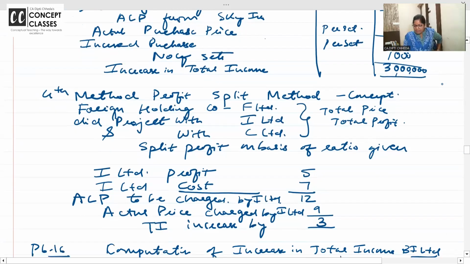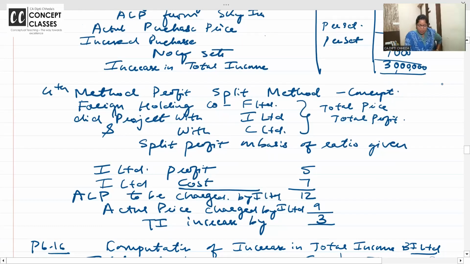Now the next method I'm teaching, which is the easiest, profit split method. This is applicable wherein there are more than one associate enterprises. Okay. So I know at what cost I have supplied. What is the cost of the service given to the associate enterprise? Okay.